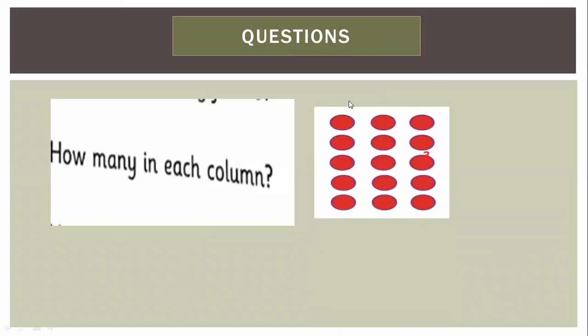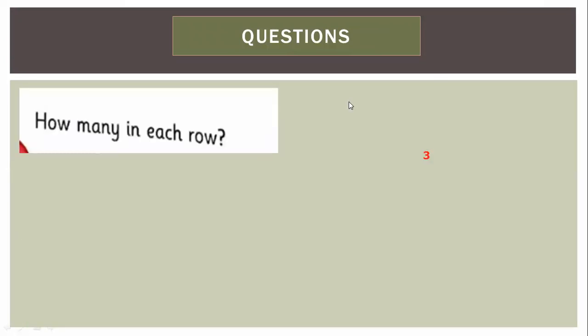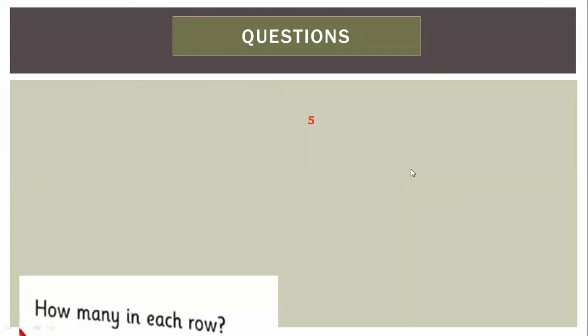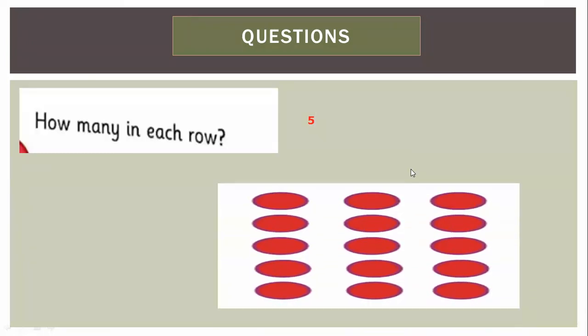And the last question is, how many in each row? In each row, we had 5 circles. You can see here.